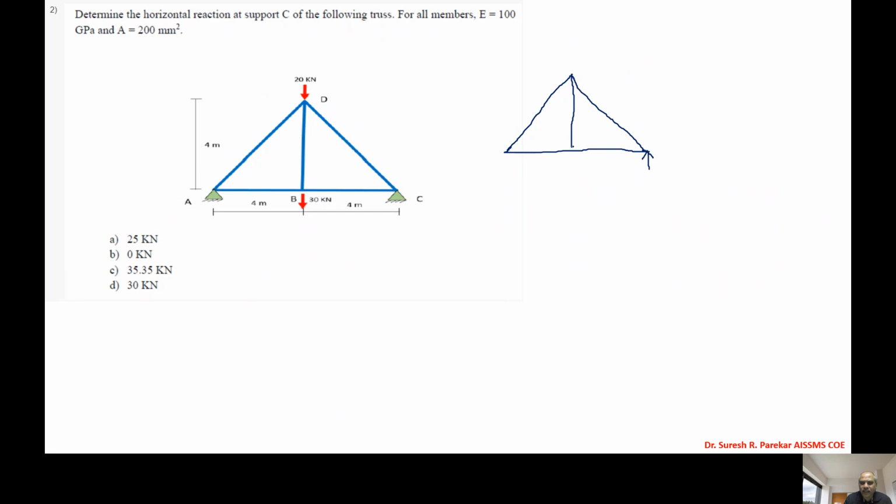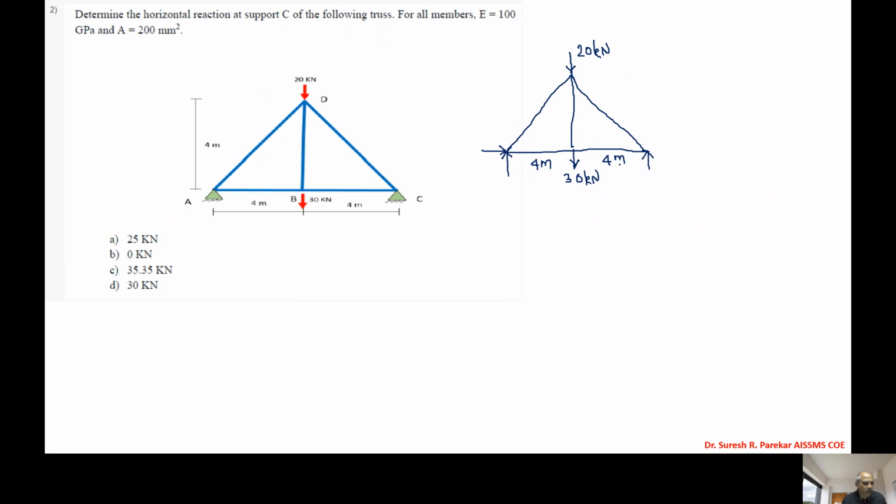So here we have 30 kilonewtons. Here we have two reactions. Here we have 20 kilonewton. So this is 4 meters, and this is also 4 meters.